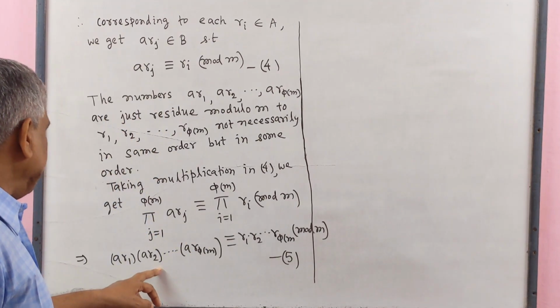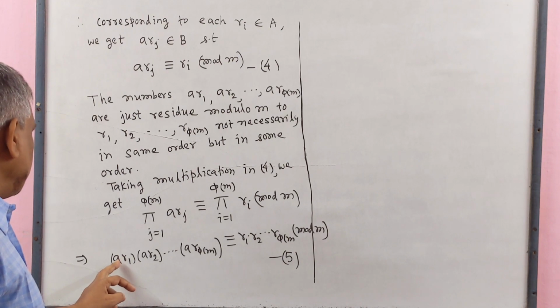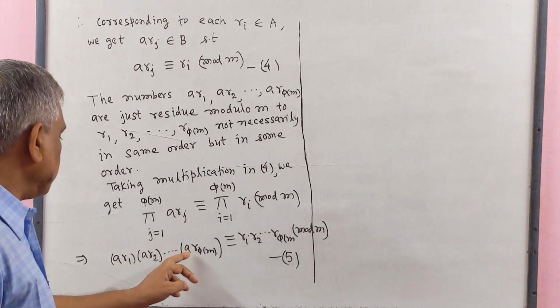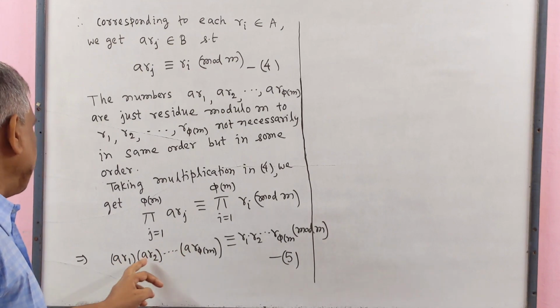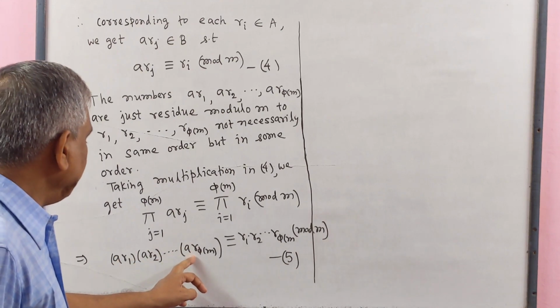Here we see that the number of ages 1, 2, ... phi m, the number of ages is phi m.